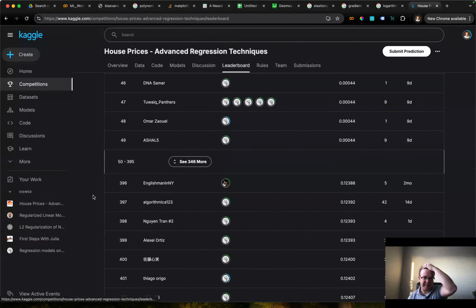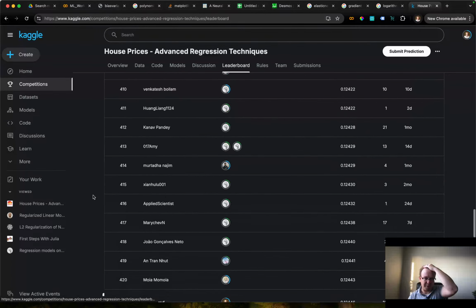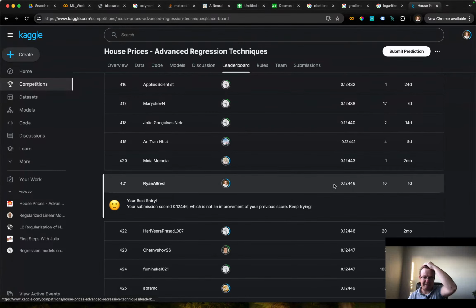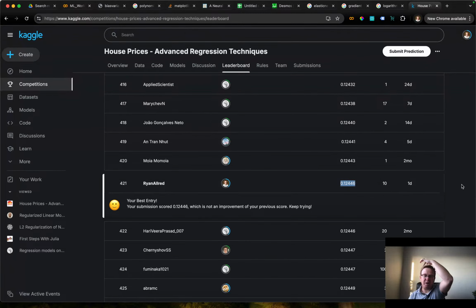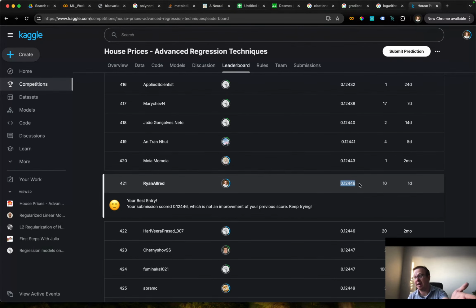So my score here is actually going to be a lot better than we saw last time. Okay, if you have 0.12, that means you're predicting home prices within about 12% of their true value. We're off by 12.4%. Okay. I think we were actually off by like 14.5% last time. This is going to be our model's performance at the end of our discussion today.